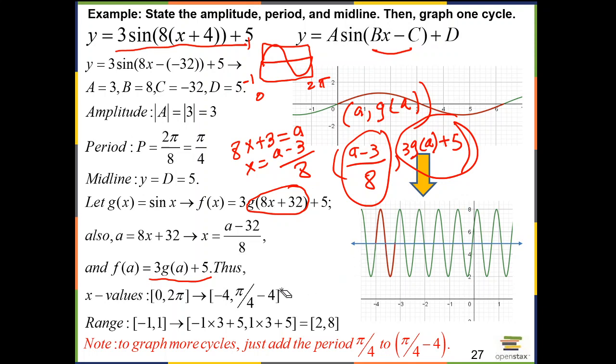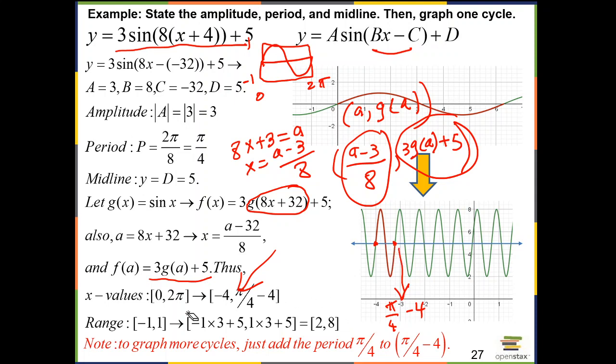Okay, so 0 to 2 pi, if you apply these transformations, ends up being -4 and pi over 4 minus 4. So this is -4 on the x-axis. And this number on the x-axis is going to be pi over 4 minus 4, whatever that is. It's like -3 something, whatever it is.